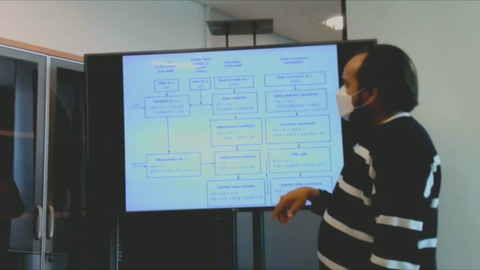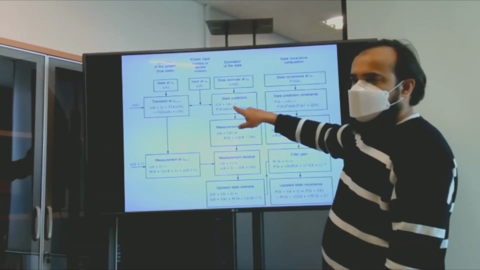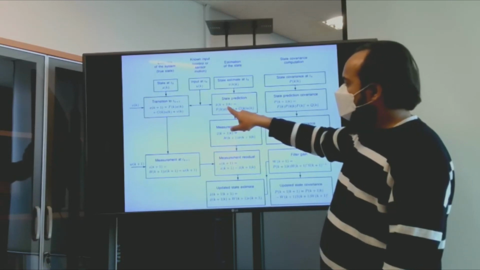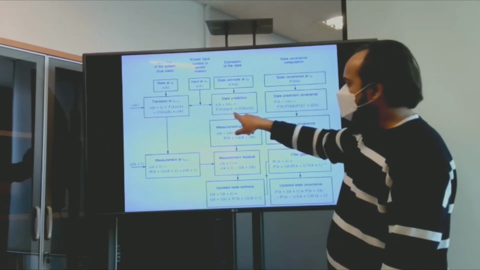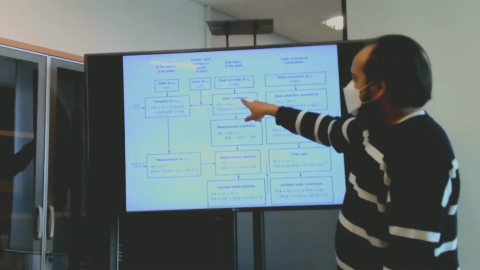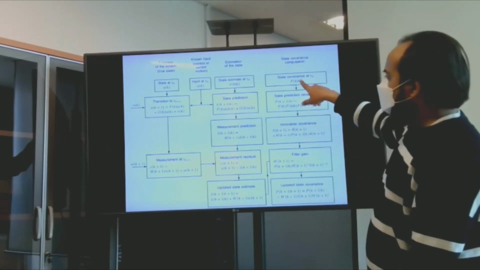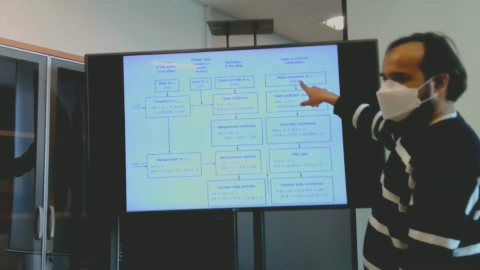Now this equation is used for the state prediction: k plus 1 conditioned on k is equal to this equation. Similarly, it has a state covariance P of k given k.